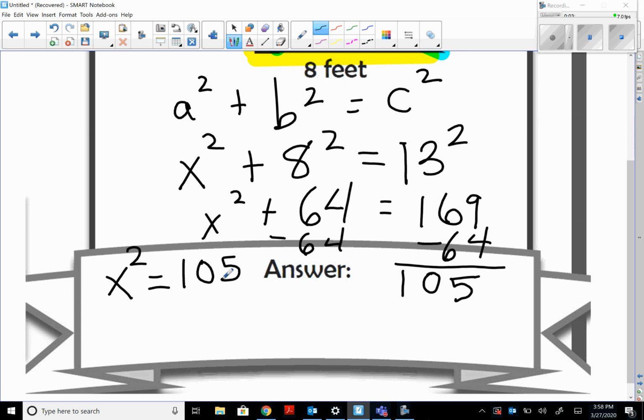And remember, using inverse operations, the only way to undo squaring a number is to take the square root. So if I take the square root of the left side, squaring and square roots are inverse operations, so it cancels out.